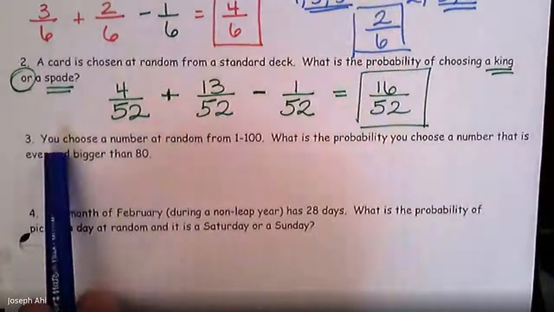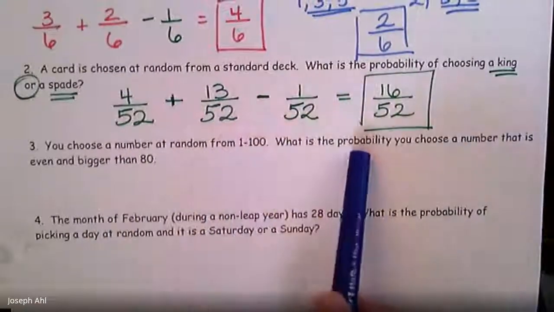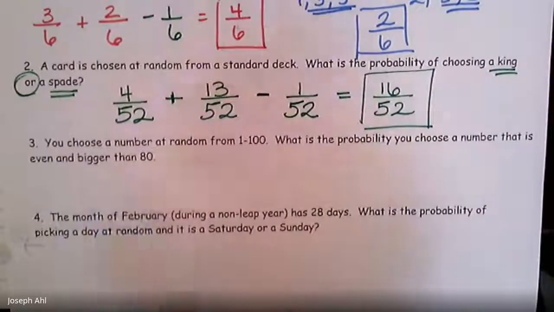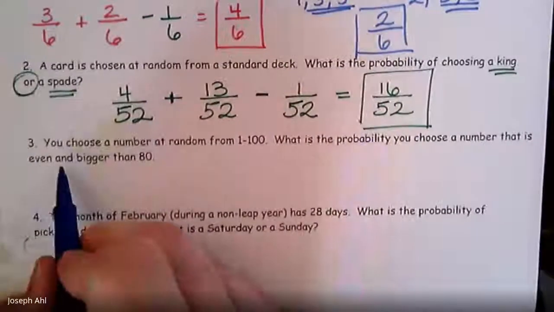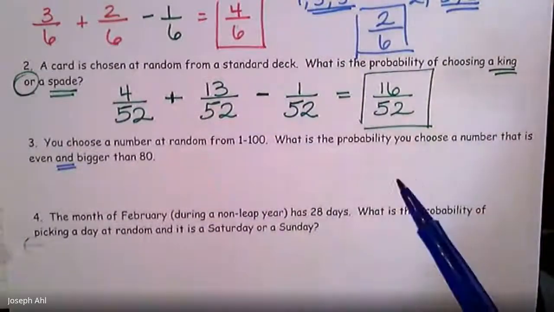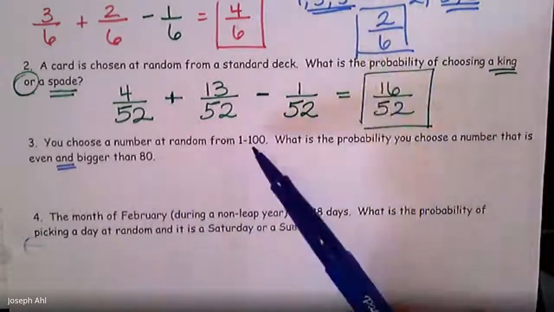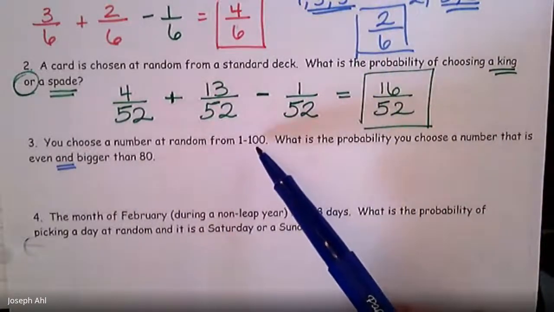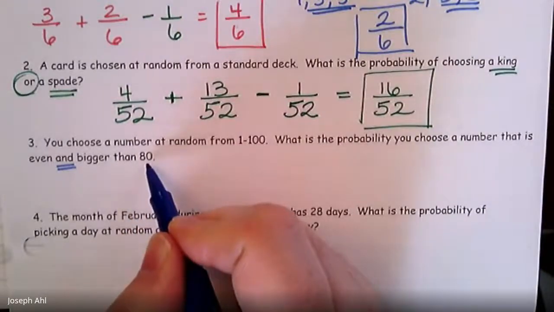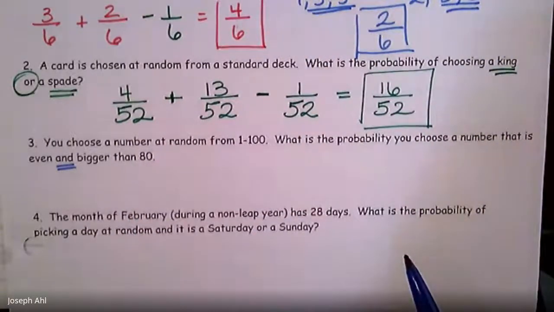Okay. You choose a number at random from 1 to 100. What's the probability that you choose a number that is even and bigger than 80? Okay, we're looking for the intersection here. I'm not going to list all the even numbers 1 through 100, because that would take a while. Why don't I just start with the numbers that are bigger than 80, but are also even?